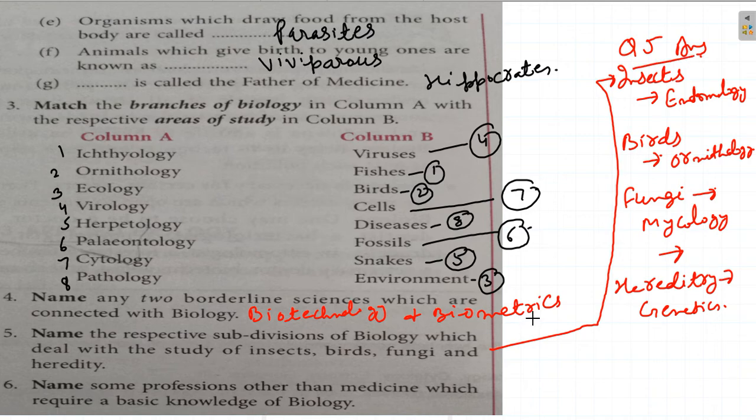Now we will move on to the 6th. Name the professions other than medicine which require a basic knowledge of biology. So answer to this question would be medicine. Other than medicine.